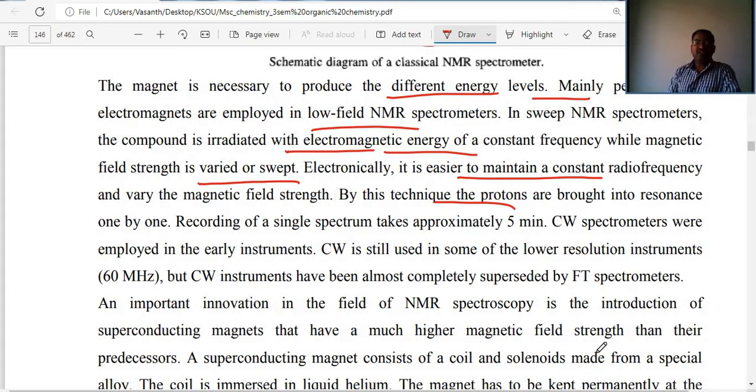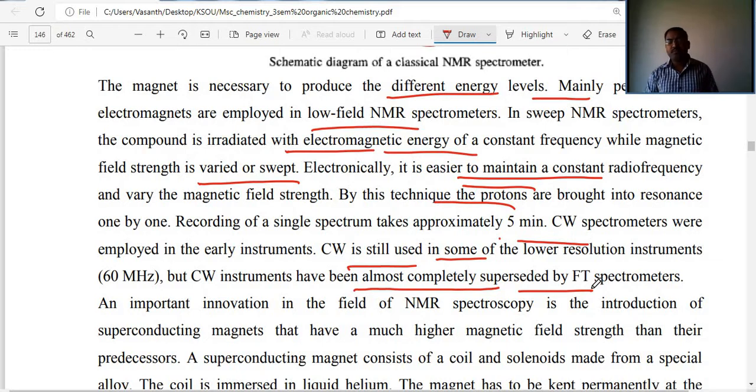Recording a single spectrum takes some time. CW is still used in some of the lower field instruments, but CW instruments have been almost completely superseded by FT spectrometers.